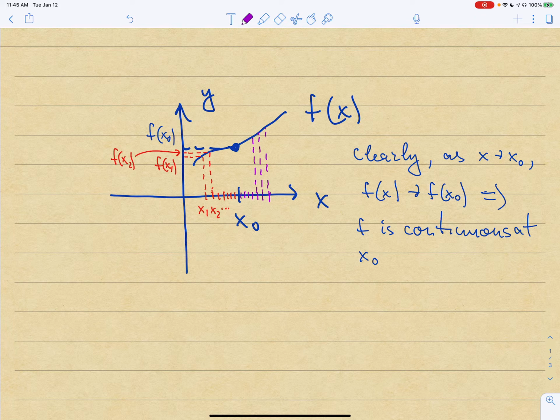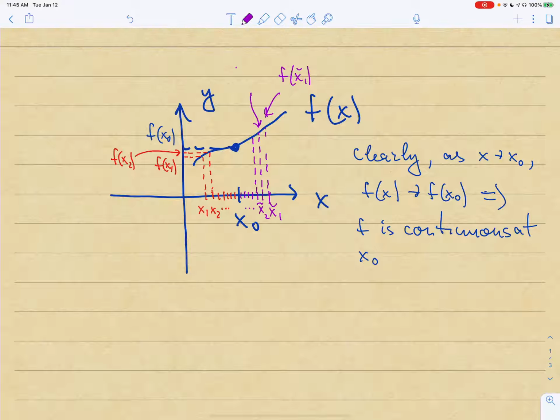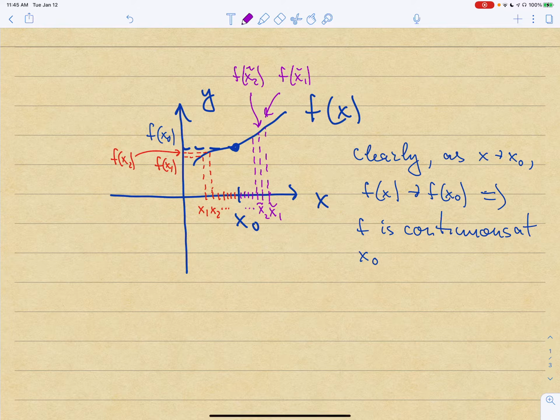So maybe x tilde 1, x tilde 2, etc. Then f of x tilde 1, f of x tilde 2, and so on.